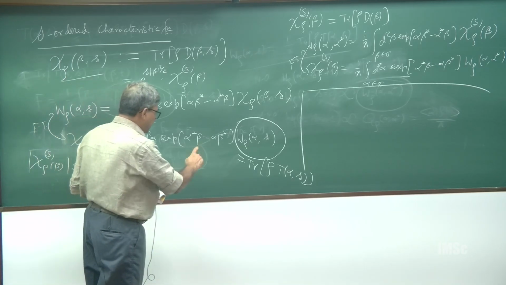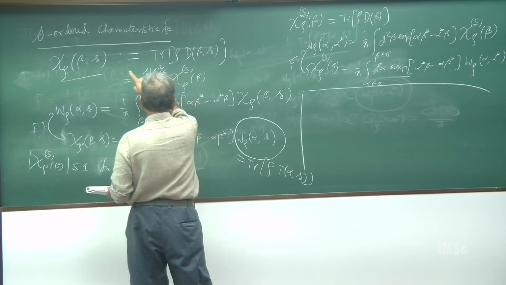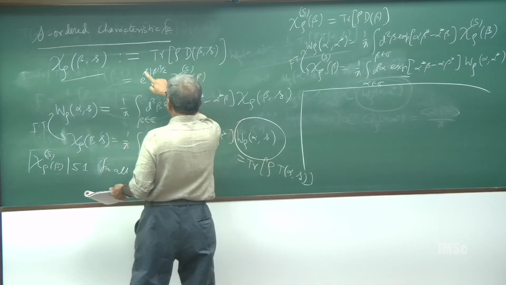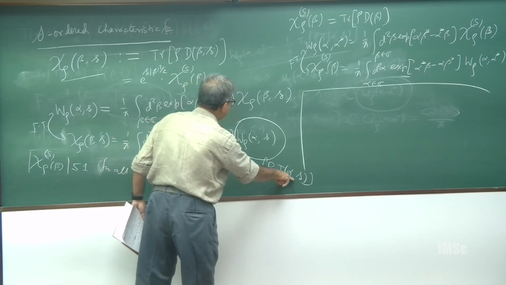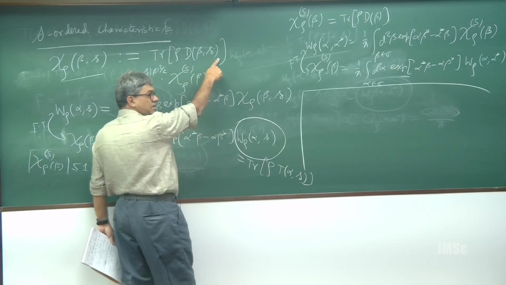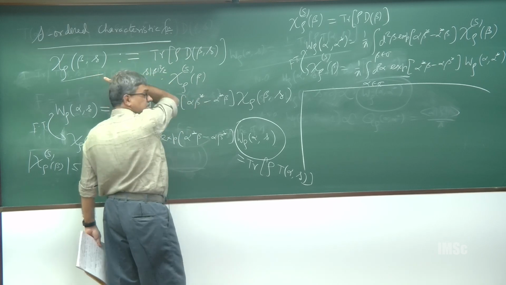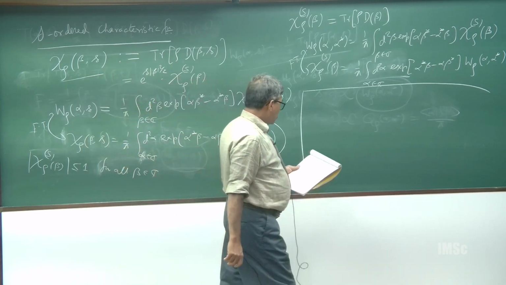Yeah. So, this is the expression for the characteristic function, because if you express it as a Fourier transform of the modified displacement operator, this is the characteristic function that you get. Right.